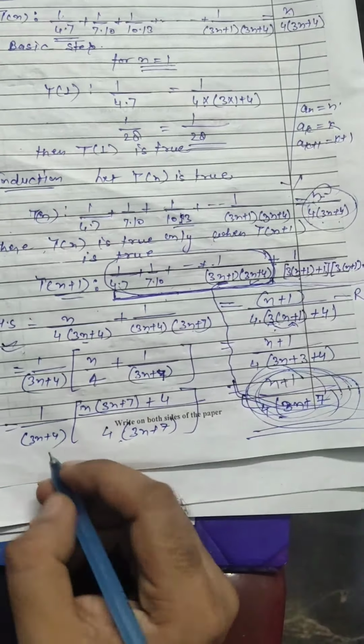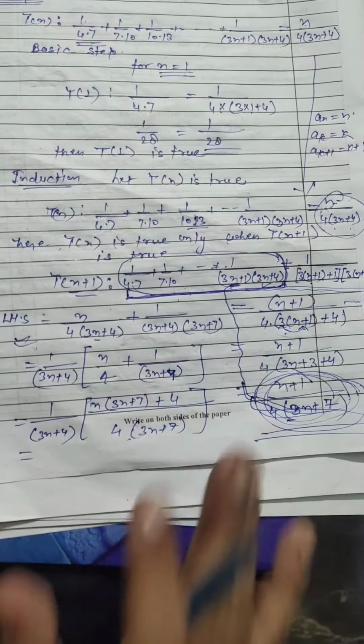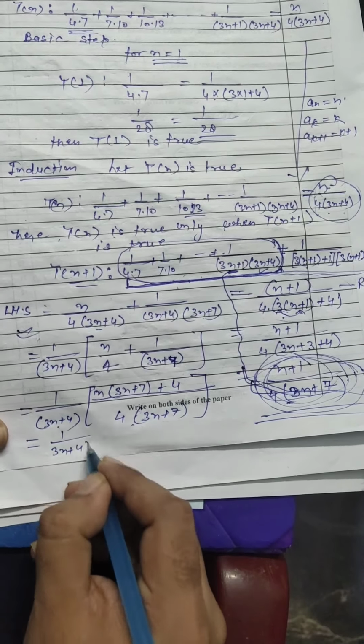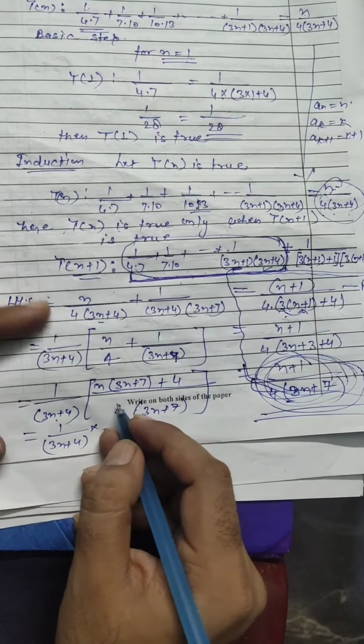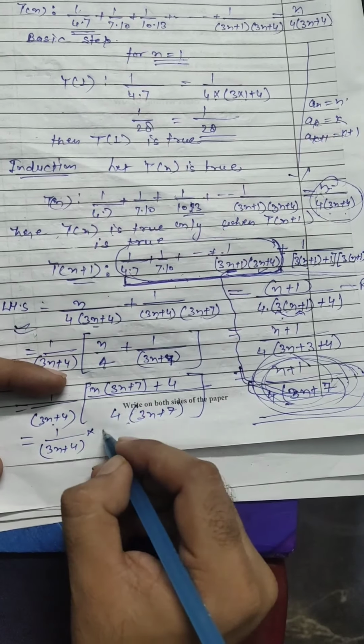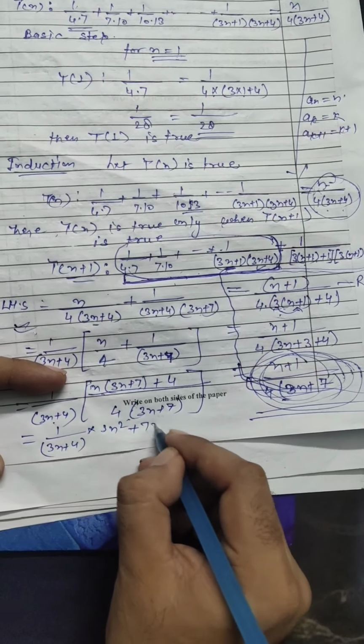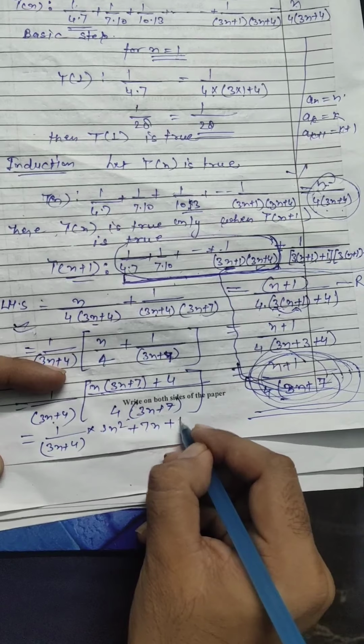Now see here. Now students, it's your work. I will give it to you. It's 1 upon 3n plus 4, and this is 3n square plus 7n and plus 4.